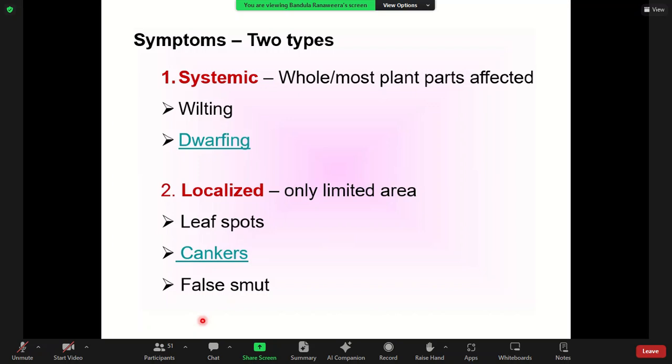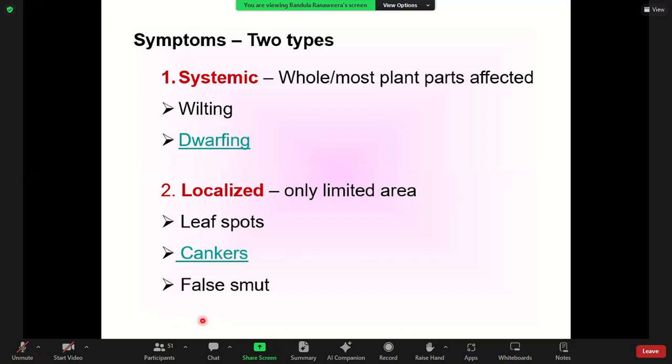The importance of symptoms is that they allow us to identify plant diseases. Plant diseases are identified mainly by a farmer using the symptoms of the plants.